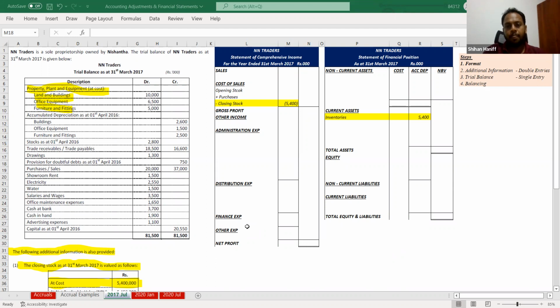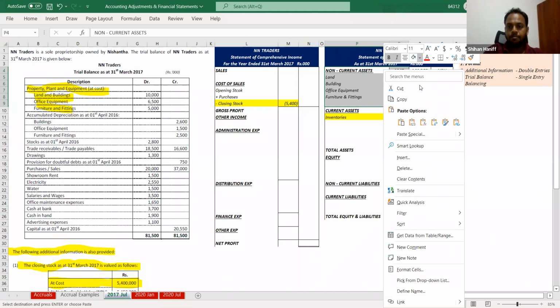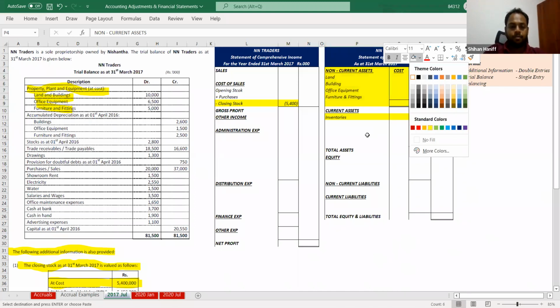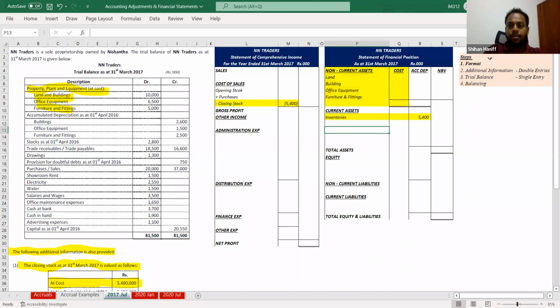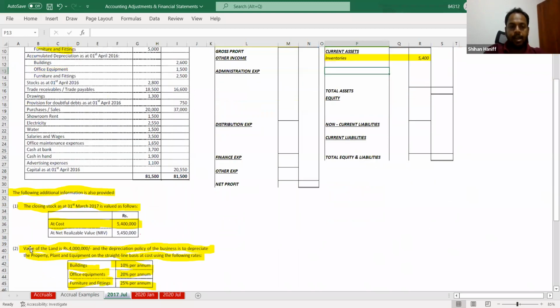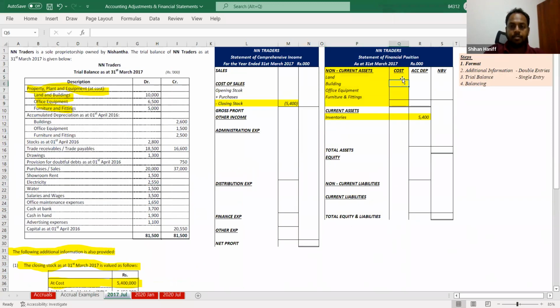Okay. So how much is land? Land value is 4 million.